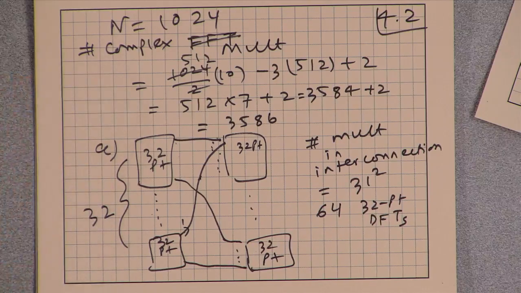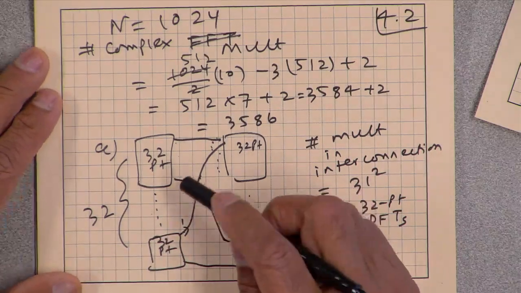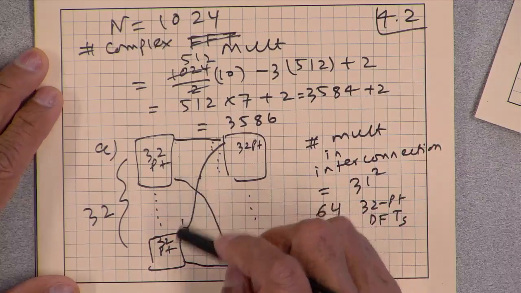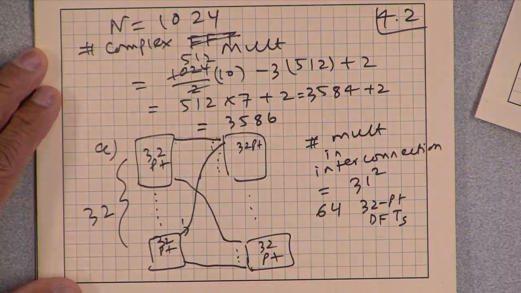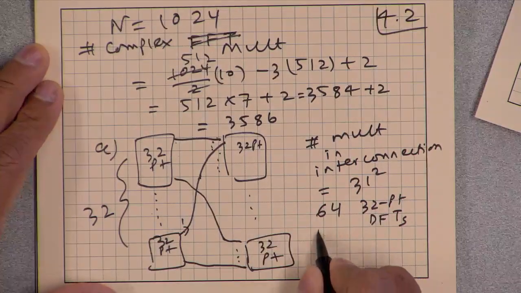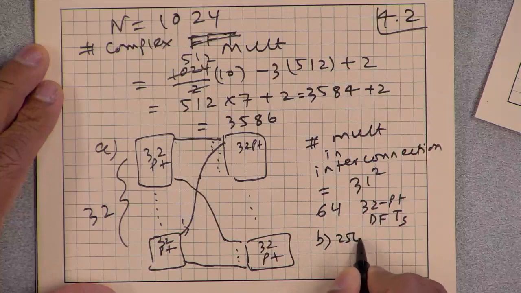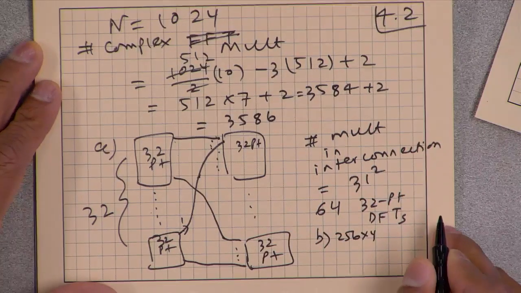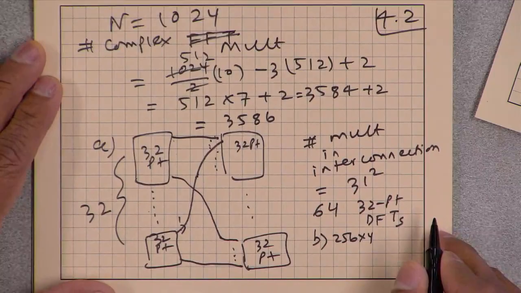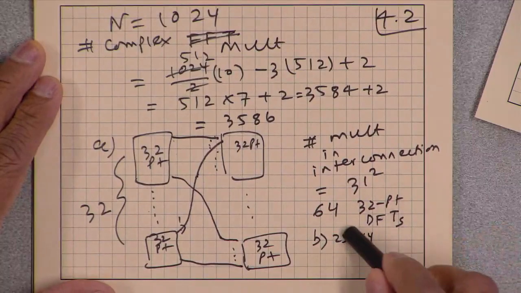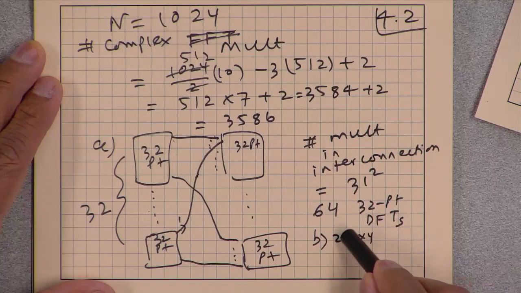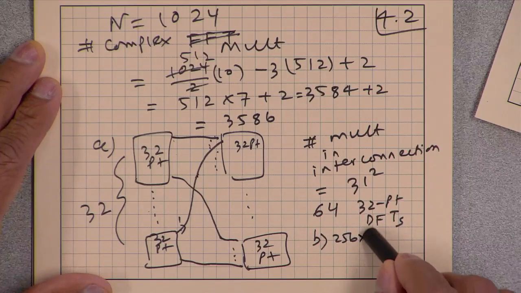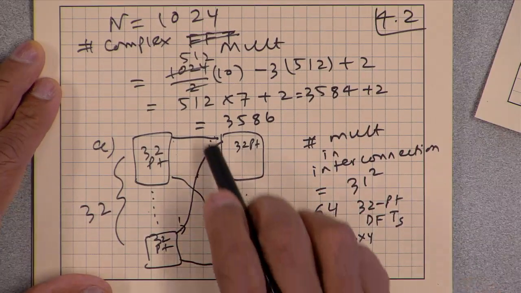Okay. The next part I said 256 points. So 256 by 4. So that's really again a composite. So part B is 256 by 4. If I didn't exclude trivial multiplications, that would be the number of complex multiplications in 4 of these plus the number of complex multiplications in 256 of these plus the twiddles in the interconnection.